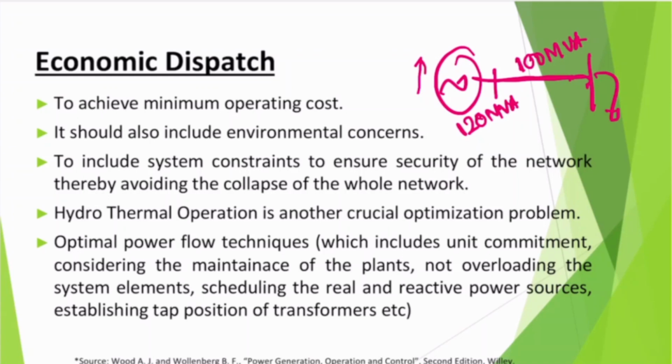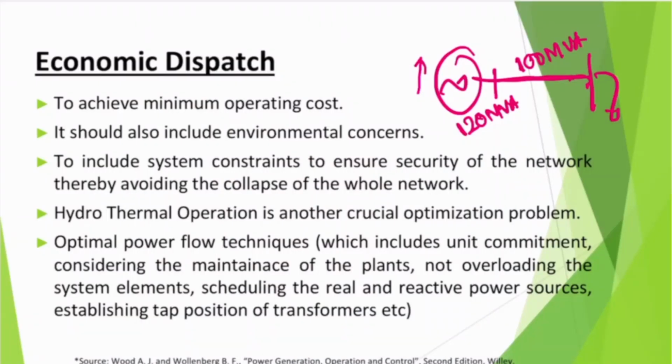There is one more important part: when you optimize your generation and are also able to cater to the customers without violating transmission constraints, that process is known as the optimal power flow technique. Optimal economic dispatch, satisfying power flow constraints together, is known as optimal power flow.